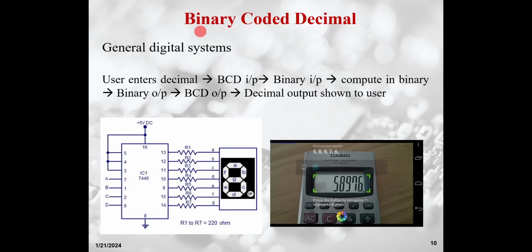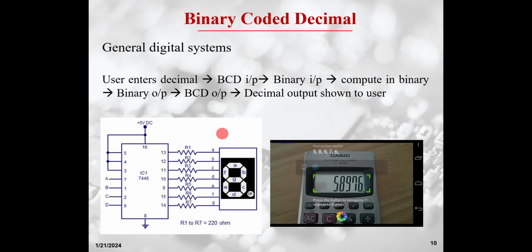After that, we'll talk a little bit about binary coded decimal and what the binary coded decimal adjustment is. So before that, let's understand what binary coded decimal is, right? Human beings, we deal with decimal numbers, right?